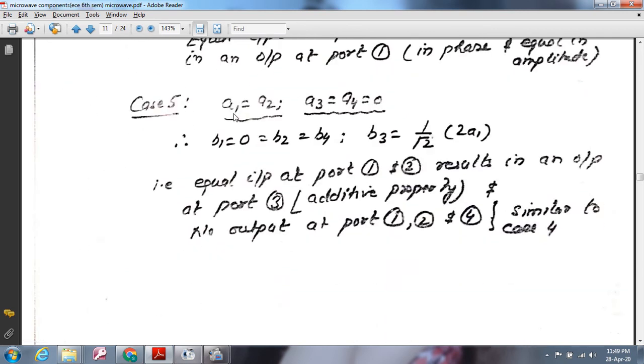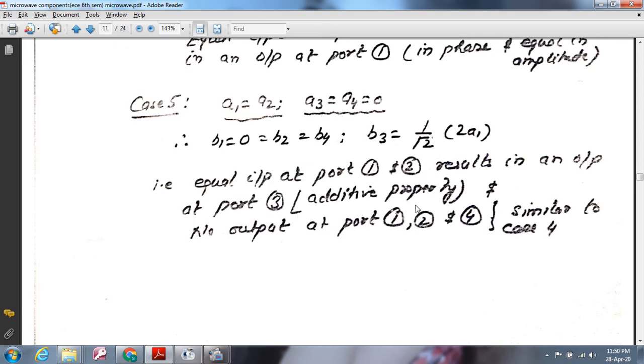Similarly, we can have the fifth case. In that case, we will consider A1 equals A2 and A3 equals A4 equals 0, means there are no inputs corresponding to port 3 and port 4. For this case, we will see B1 will be 0, B2 will be equal to B4 equals 0, and B3 will be equal to twice A1 upon root 2, that is, equal inputs at port number 1 and port number 2 result in an output at port number 3.